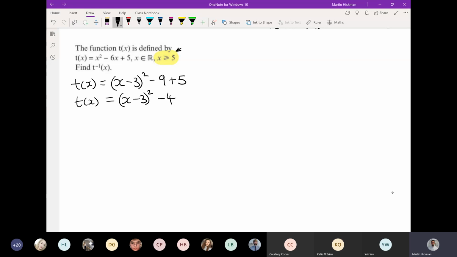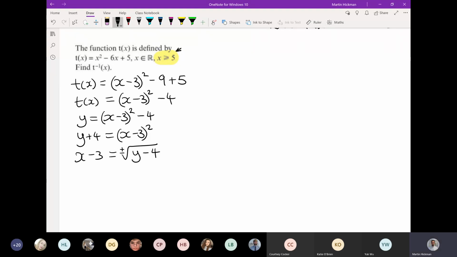So in this question, I'm going to let y equal f of x. I'm going to add 4 to both sides. I'm then going to square root both sides. Now remember, you get a positive and a negative. That's going to be really important. I'm going to talk a little bit more about that in a second. And I get this as my inverse.